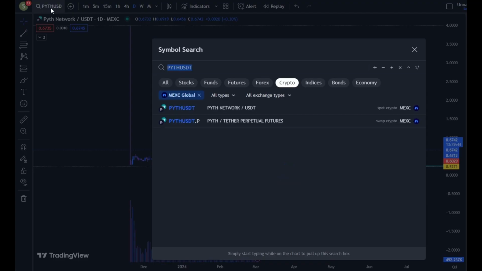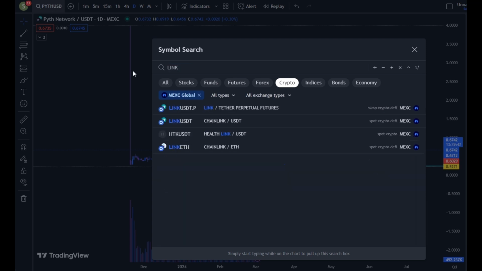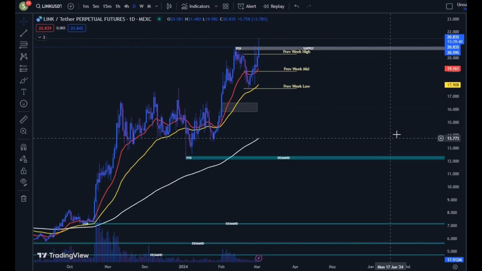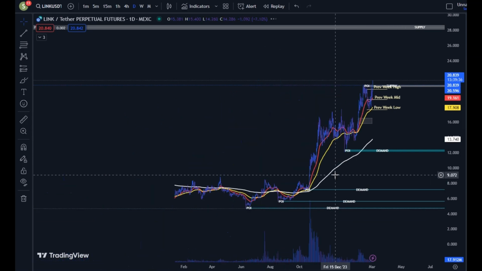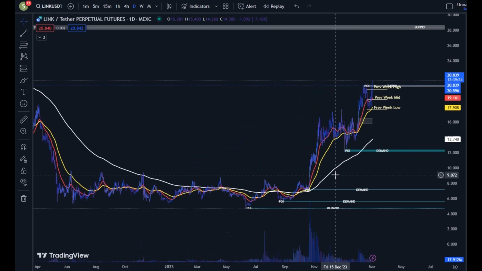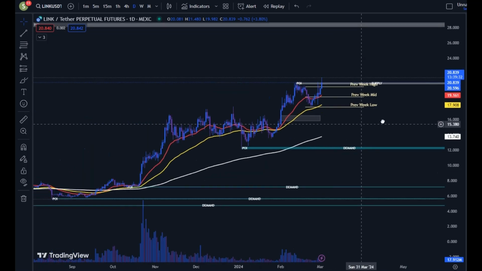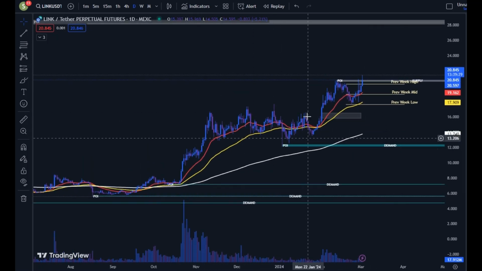And I want to take a look at Link. So we'll look at Chainlink. Chainlink's moved a lot as well. See how it sort of goes into a sideways where it's in price discovery, and then it pushed off, held the 20.